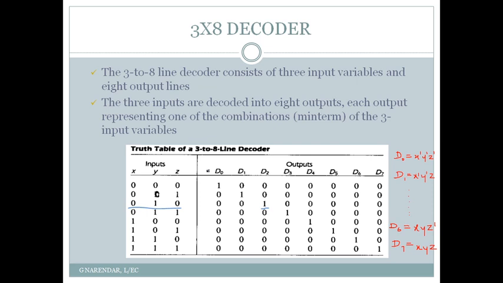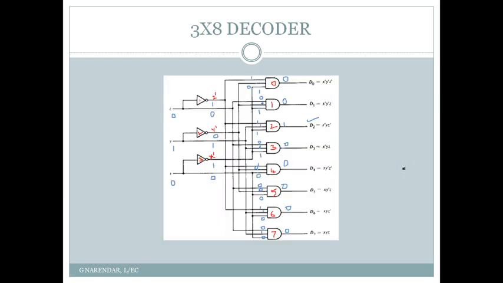And to draw that, we have written the expression for each of the 8 outputs, and we have seen that each expression is a minterm of the input variables either in original form or in complemented form.